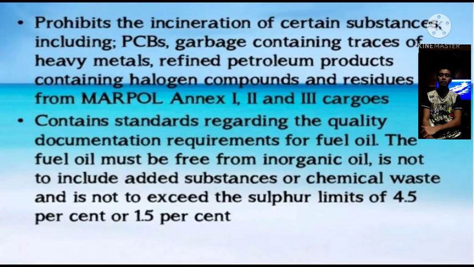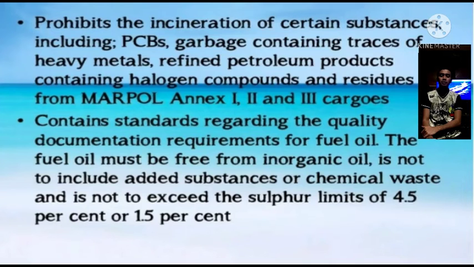PCBs, or polychlorinated biphenyls, were used widely in electrical equipment like capacitors and transformers. They are highly toxic industrial compounds that can cause serious risk to children, and these chemicals are also harmful to adults as well.